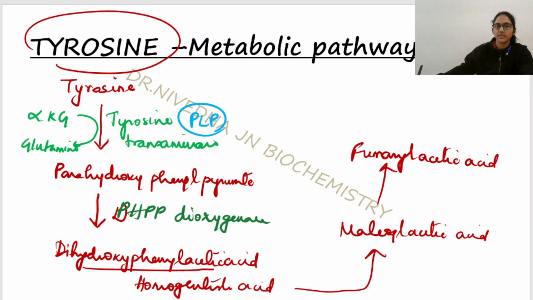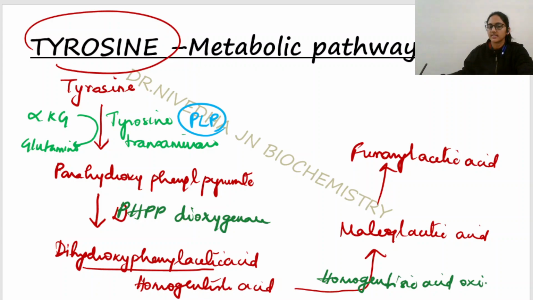What is the enzyme that converts homogentisic acid to maleylacetoacetic acid? It is the famous enzyme homogentisate oxidase, or homogentisic acid oxidase. Now maleylacetoacetic acid gets isomerized to fumarylacetoacetic acid, so this enzyme is an isomerase.